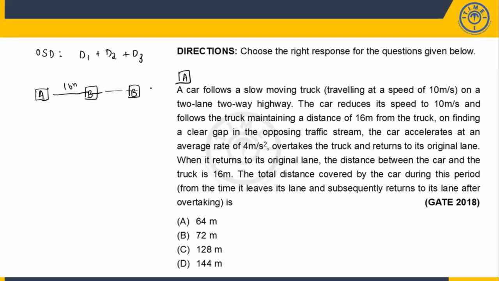This is 16 meter initially, and after overtaking also, the distance between truck and car is 16 meter. But we want the total distance: 16 plus 16 plus D2. So let's calculate D2 first.